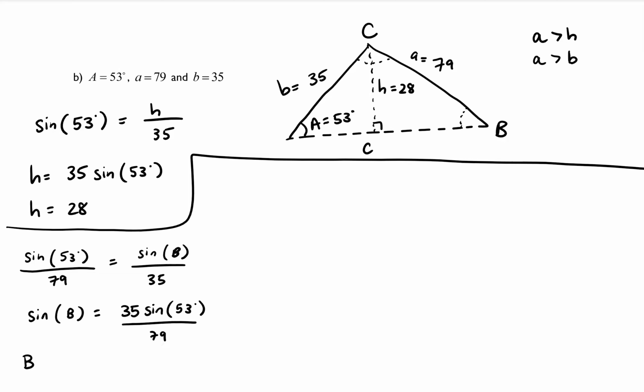And then if I apply arcsine or sine inverse on both sides, then we get capital B is equal to sine inverse of 35 times sine of 53 degrees over 79. So let's go ahead and see if we can throw that into our calculator.